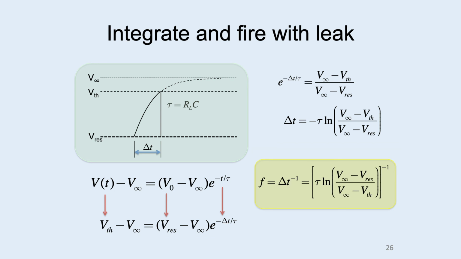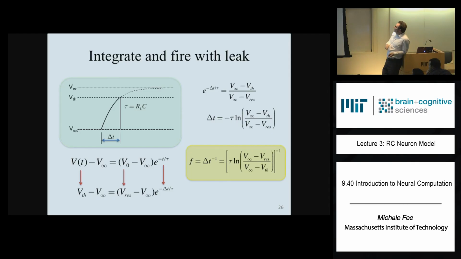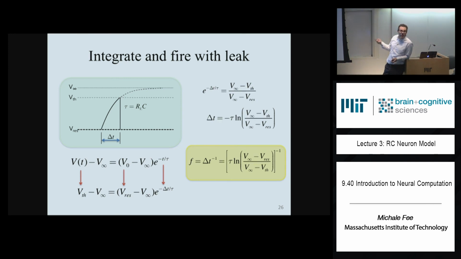Okay, so what we're going to do is simplify this expression in the limit that the injected current is large. So what happens here when the injected current is large? What gets big? V infinity gets big, right? When you inject a lot of current, V infinity is very high.